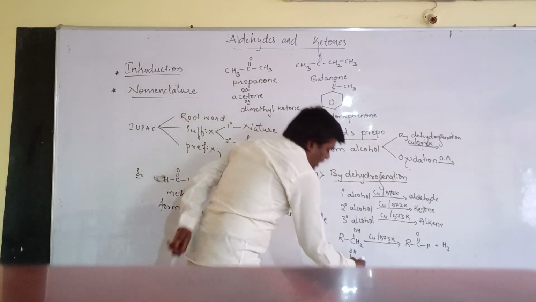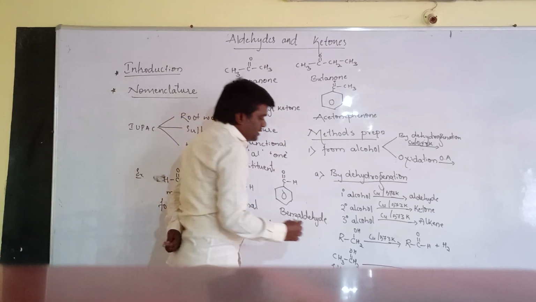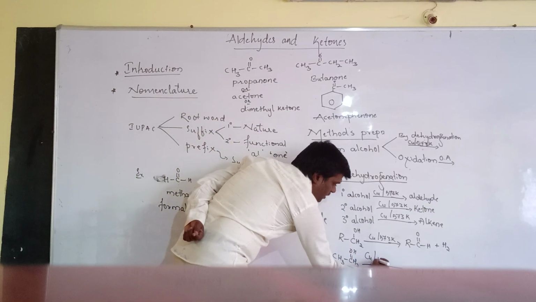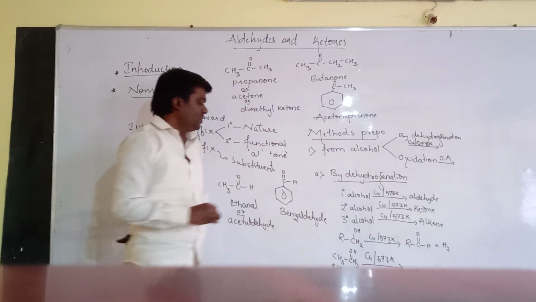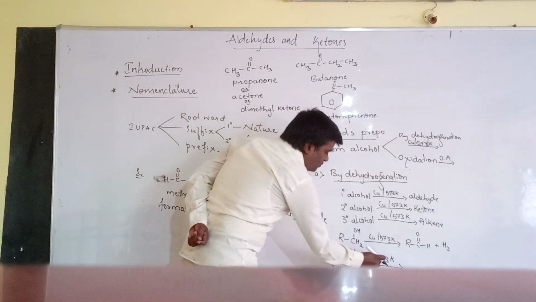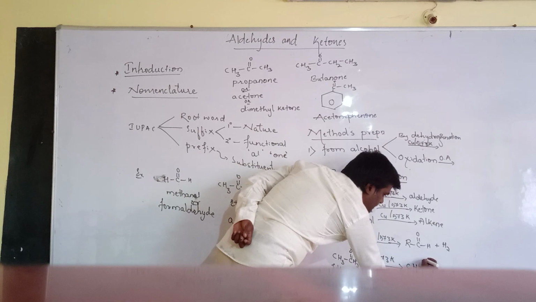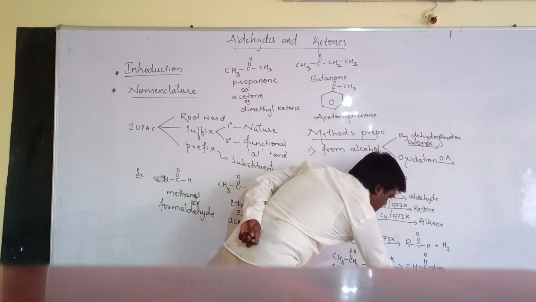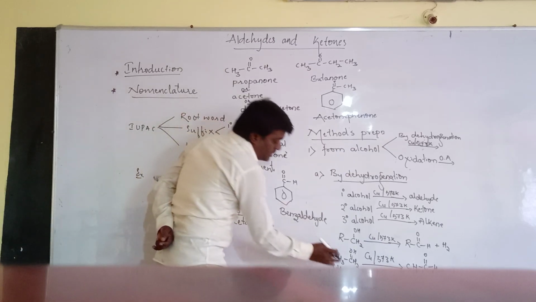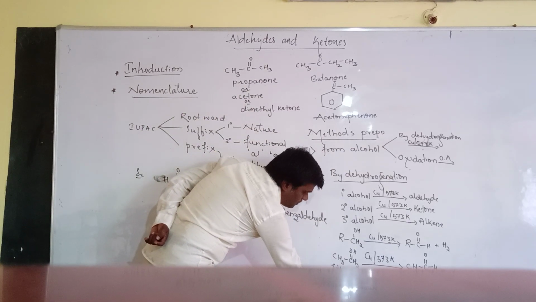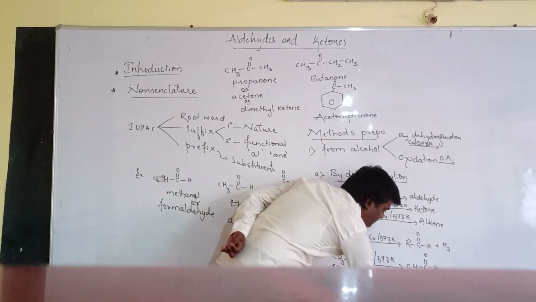When the vapors of ethanol are passed through copper gauze at 573 Kelvin temperature, then it will undergo dehydrogenation to form the compound CH3, C double bond O, H. The compound is acetaldehyde, that is ethanal.